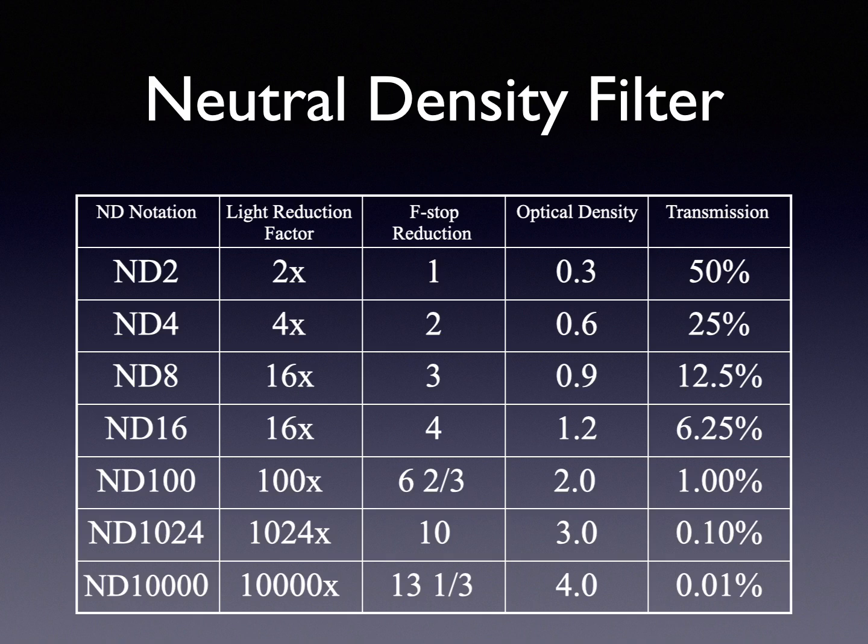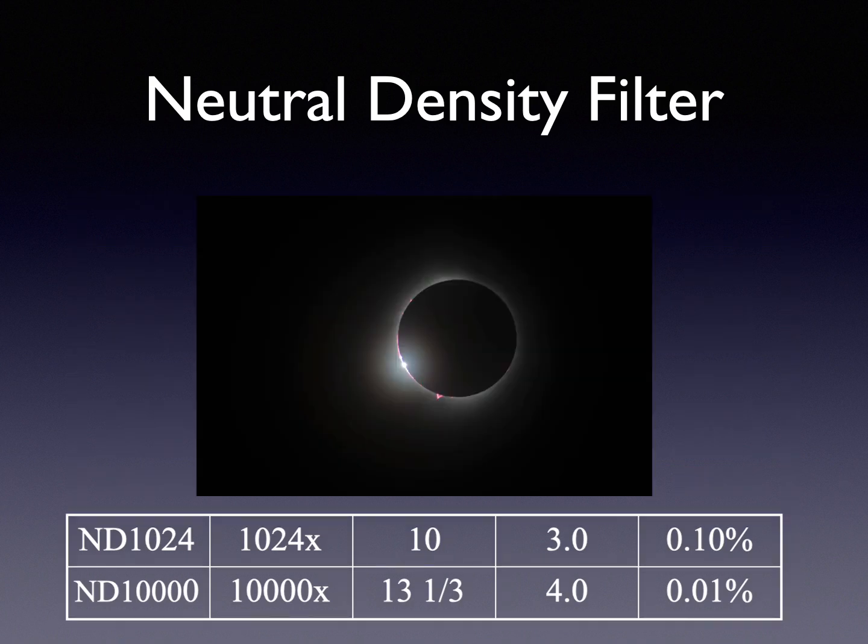So that's your f-stop reduction. The optical density shows the transmission differences, and you may note that the optical densities are log numbers, 0.3, 0.6, 0.9. If you look at the bottom of the chart, you'll see some very strong neutral density filters, and you may wonder why you'd want to use one of those. Well, here's an example.